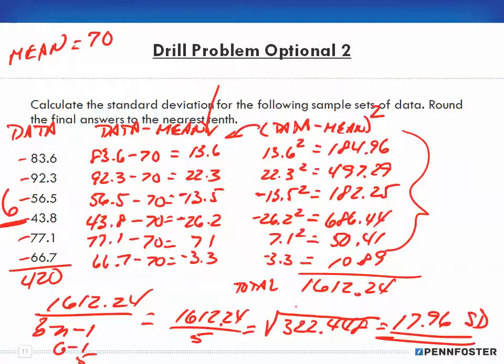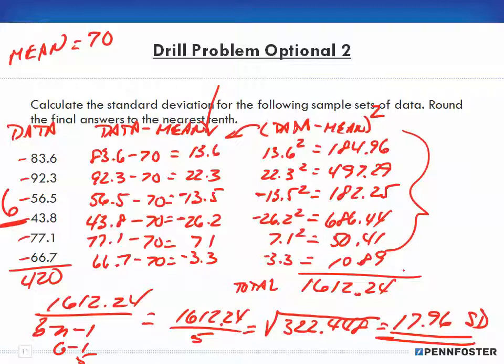So, with that said, I realize there's a lot of information on this particular slide, and I went through it step by step. Definitely go back and re-watch this, but also watch the theory video, because in the theory videos, I go over the problem where I have data set A and data set B, and I do the exact same steps.